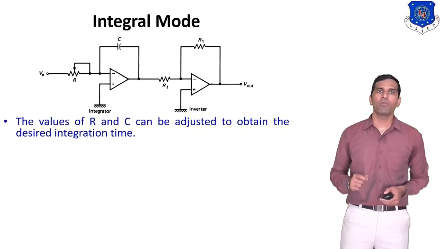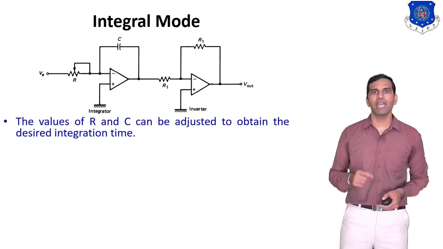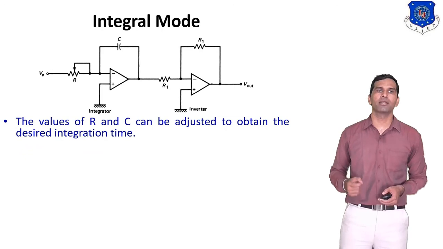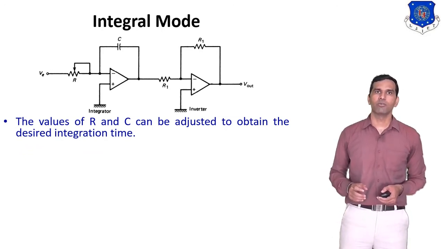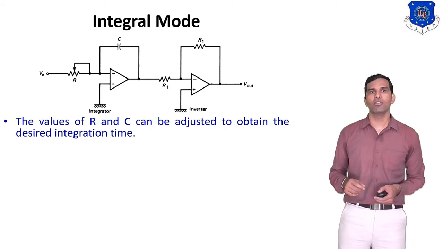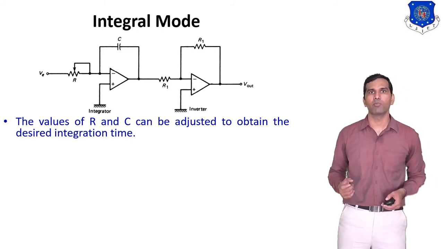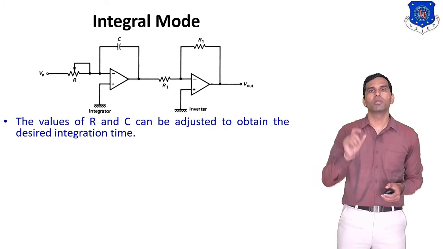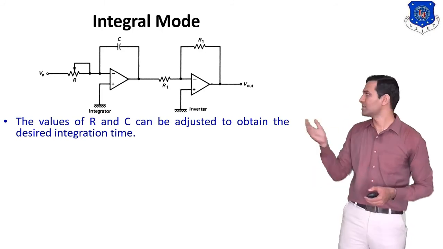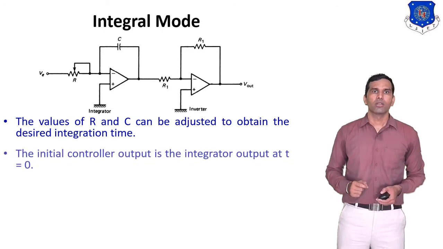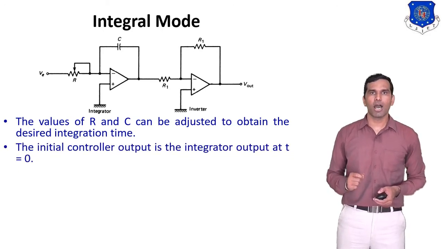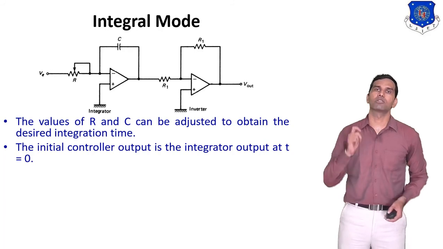The values of R and C can be adjusted to obtain the desired integration time. That means we can get the desired integration time by varying the resistor and the capacitor in this figure. The initial controller output is the integrator output at t = 0.